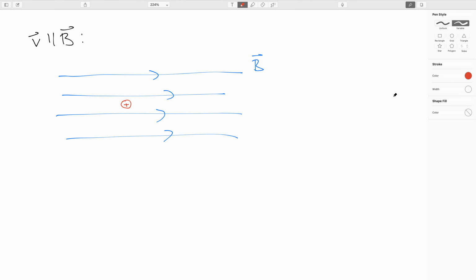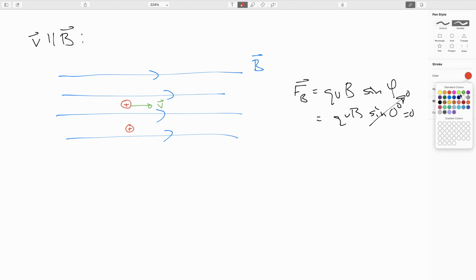Well, the magnitude of the magnetic force, remember here, is qvB sin φ. So this will be qvB sin 0, but the sine of 0 is 0, so the force is 0. You say, well, that's great, but what if instead of it moving to the right, you had it moving anti-parallel to the field to the left?